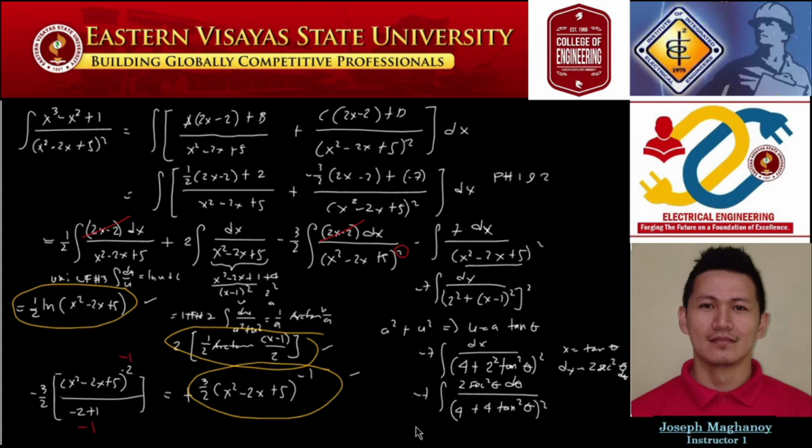Our next step is to factor out 4. So negative 7 integral of 2 secant squared theta d theta, and if we factor out 4, that is 1 plus tangent squared theta, squared.